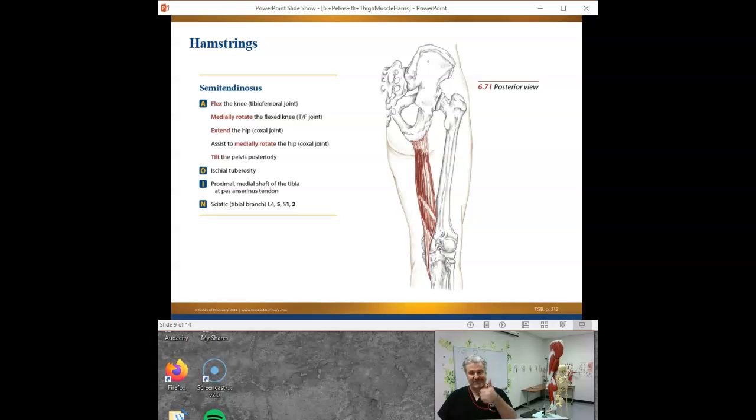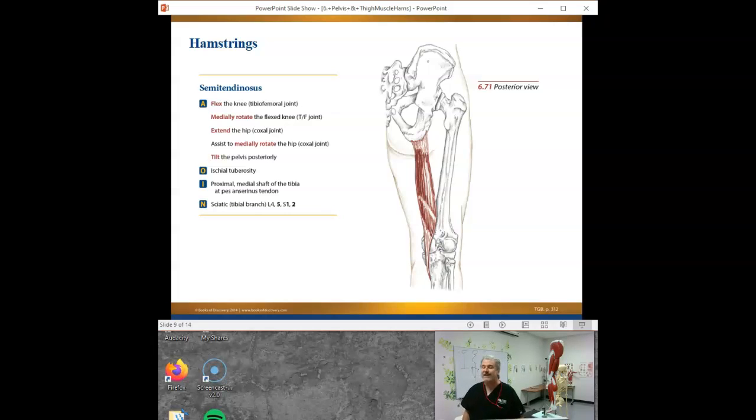Semitendinosus, semimembranosus. Whoa, whoa! No. One is a hamstring, one is an adductor, and one is a lone wolf. It's not even in a muscle group. Semimembranosus is so medial that it grabs on the most medial thing it can on the tibia, and that's the medial condyle of the tibia.